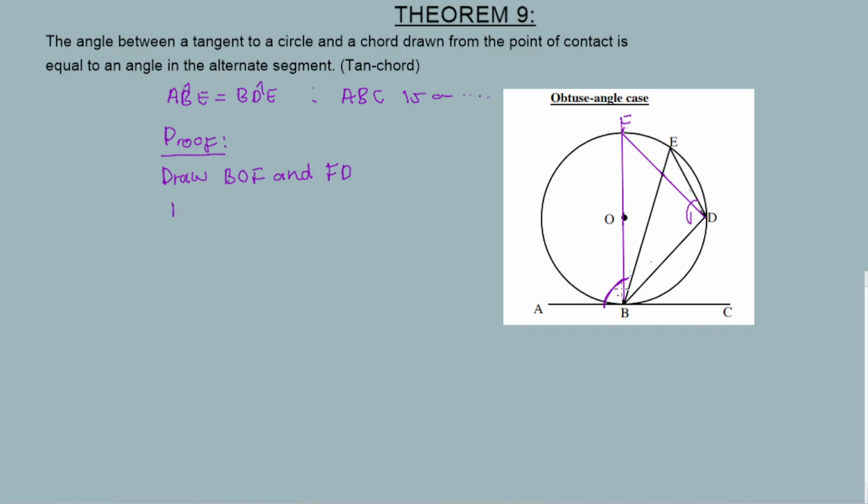Here it's B1, then B2, B3, then let's divide D into 1 and 2. Therefore B1 is equal to 90 degrees. Theorem number 7: tangent perpendicular to a radius.